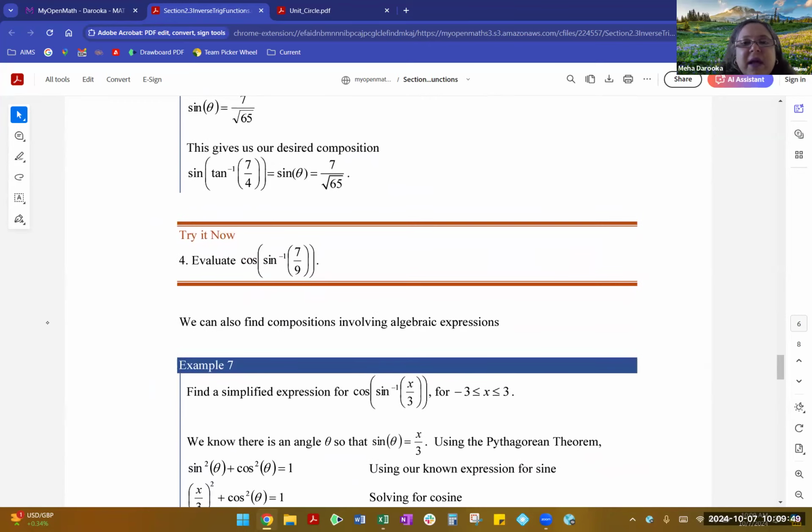So based on that, what do you think we need to do for number 4 over here, where you have cosine of sine inverse of 7/9? So this is between sine and cosine functions.